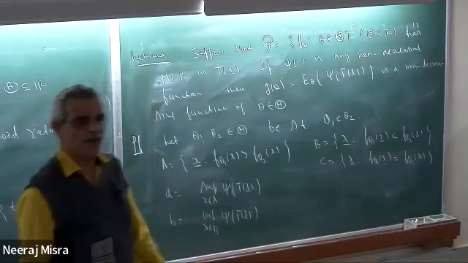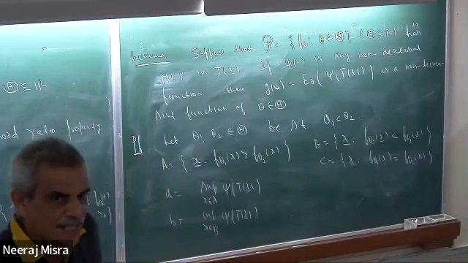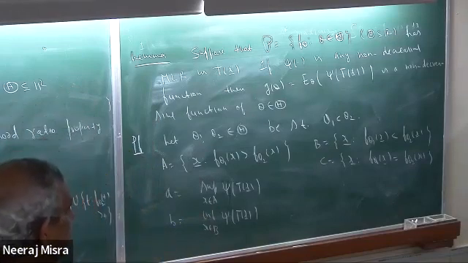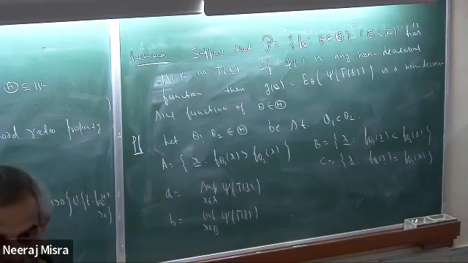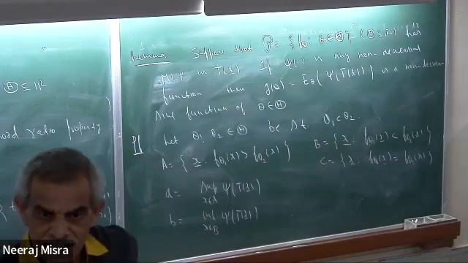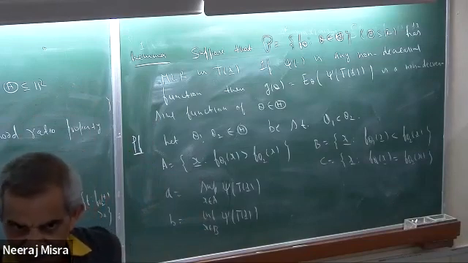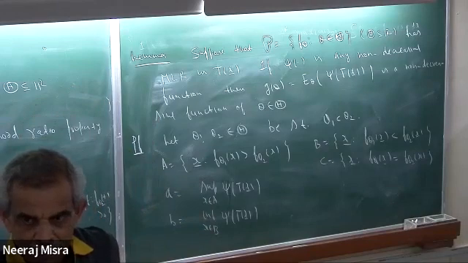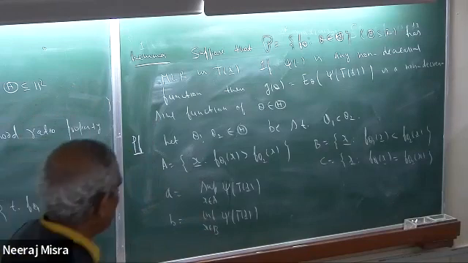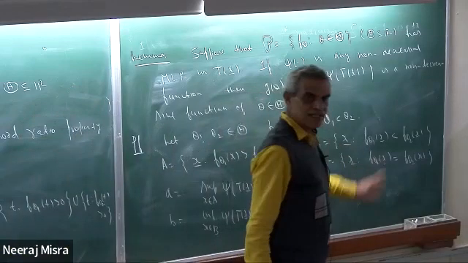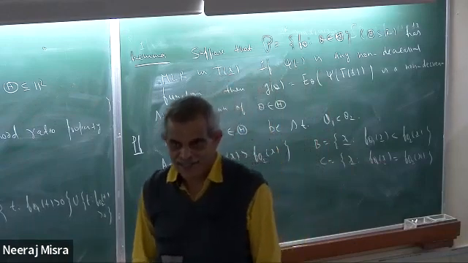A is the collection of all those x such that f theta 1 of x is bigger than f theta 2 of x, or f theta 2 of x upon f theta 1 of x is less than 1. And B is a region where f theta 2 of x upon f theta 1 of x is bigger than 1.